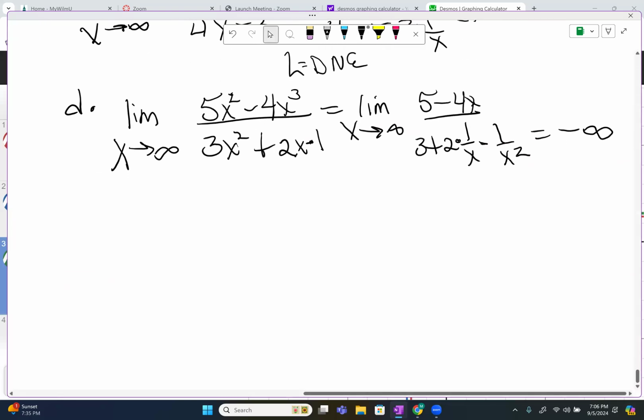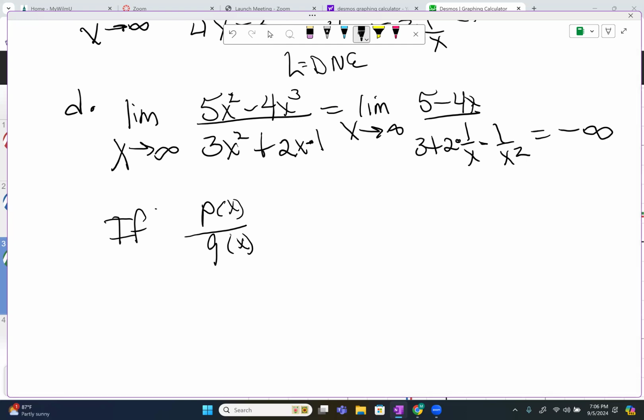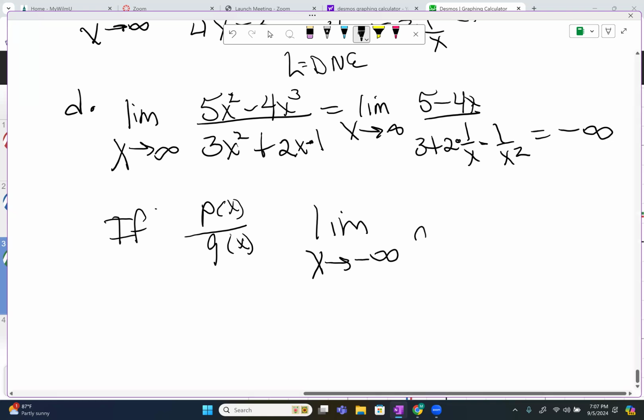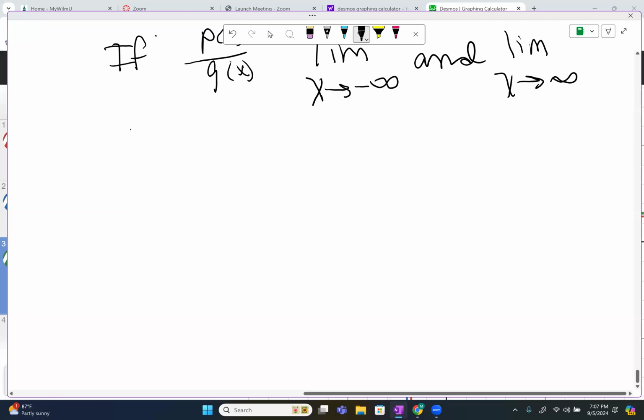So just to sum this up a little bit for you, we have, if p of x divided by q of x, for polynomials p(x) and q(x), where q is not equal to 0, the limit as x reaches negative infinity and the limit as x reaches positive infinity can be found by the following.